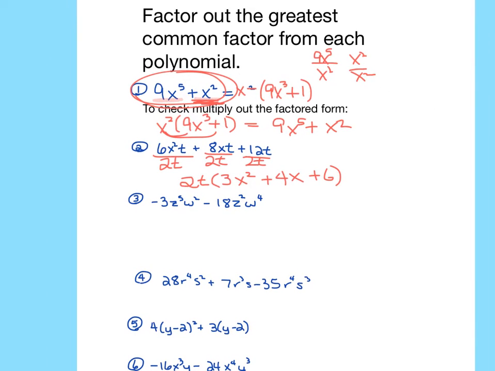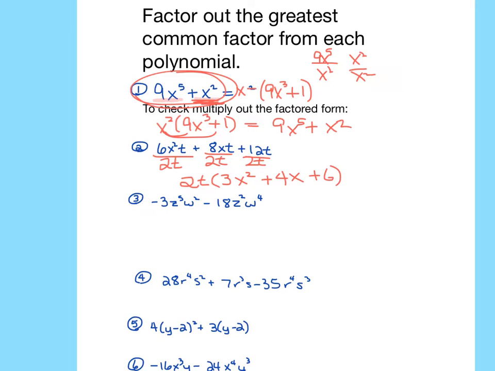Now, sometimes your greatest common factor is going to be a negative number. In this case, notice that both of my terms are negative. So when I pull out my greatest common factor here, what is going to be my greatest common factor for number 3? And you can give me numbers and letters.